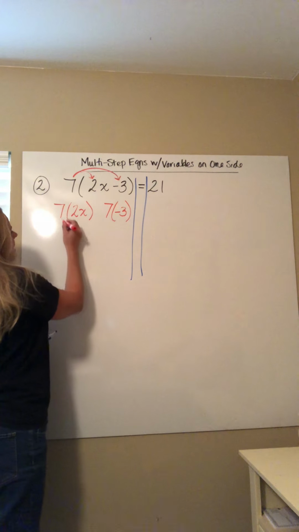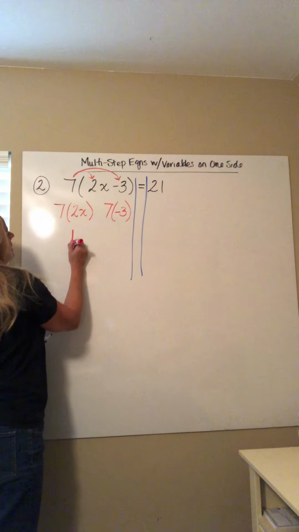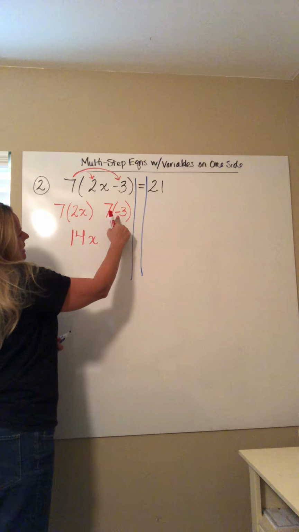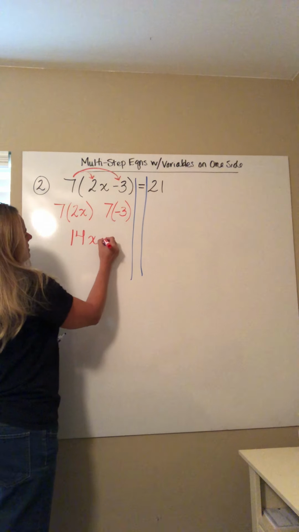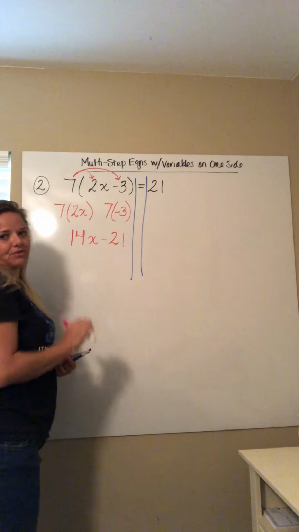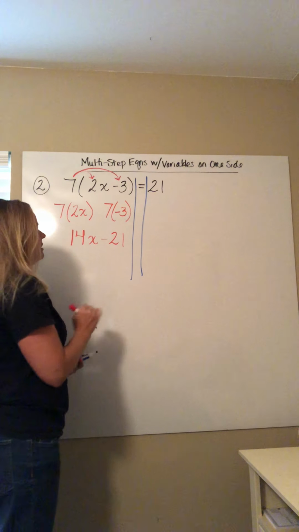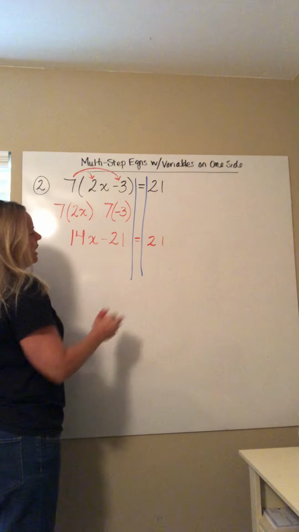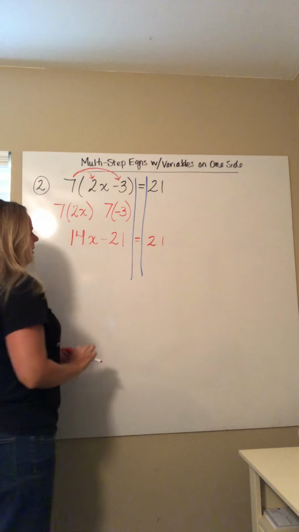Our variable stays on the end. So 7 times 2 is 14. The x stays on the back. 7 times negative 3 is negative 21. So I write a negative 21. Notice I didn't write plus negative 21. I just wrote negative 21. All right, equals 21. I just brought this down all the way from up there.